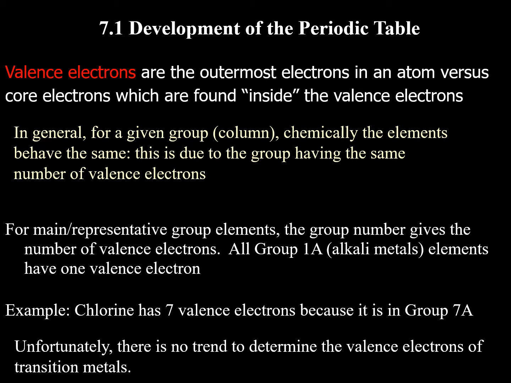So valence electrons we refer to a lot. Chlorine has 7 valence electrons because it is in group 7A, just like sodium has 1 valence electron because it's in group 1A. And there's no trend in the middle for transition metals in terms of valence electrons and what group.